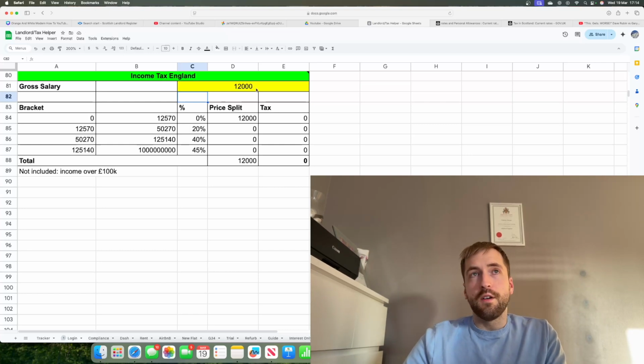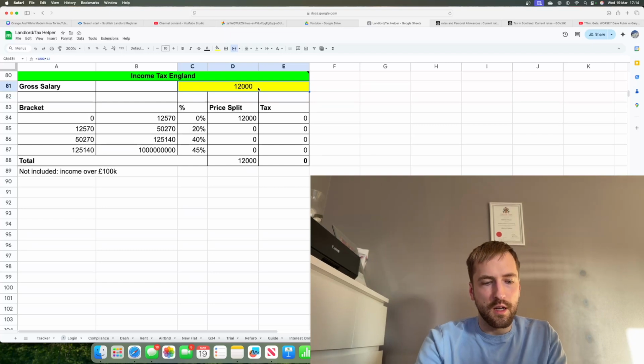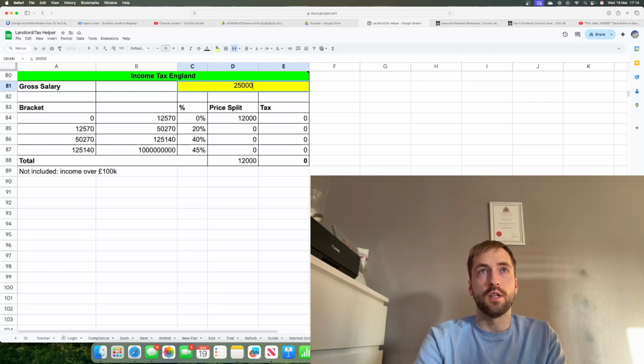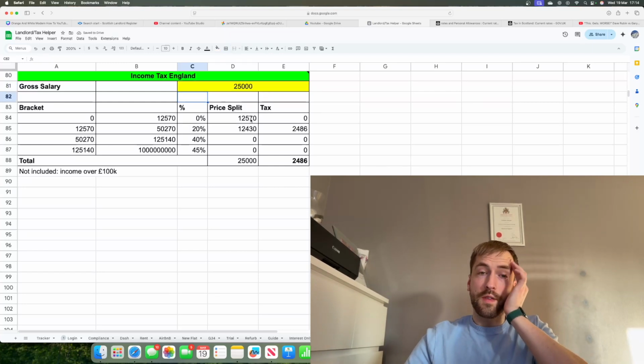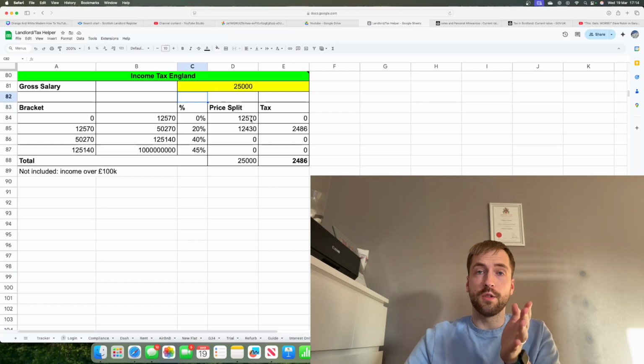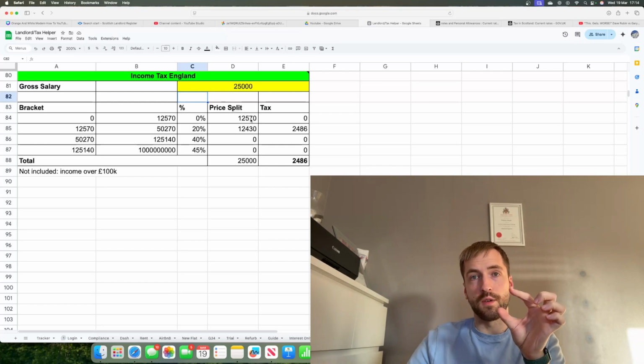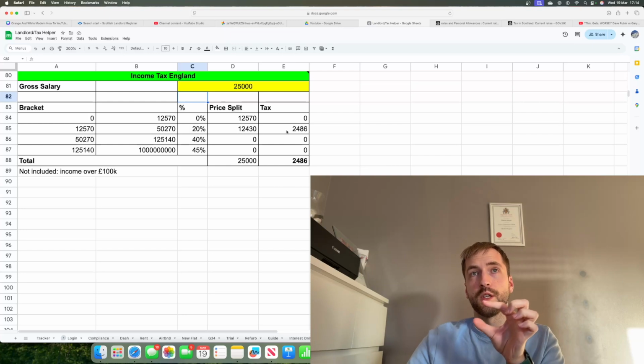Then let's say you have more of a full-time job, so you get a salary of slightly more, say 25,000 per year. Now you have used your £12,570 tax-free allowance, so that's still tax-free, but the remainder of the 25 grand salary you have to pay 20% on.